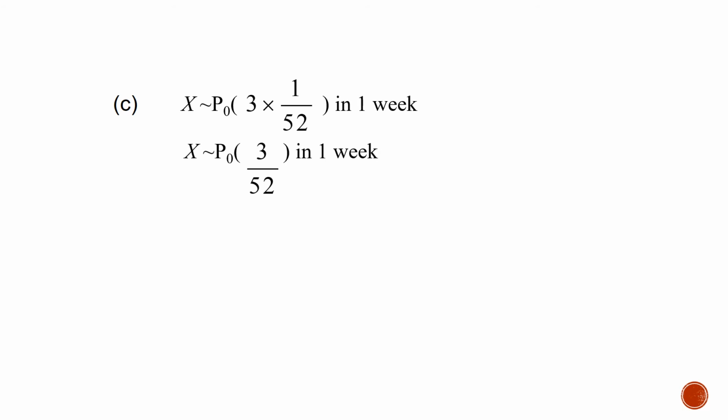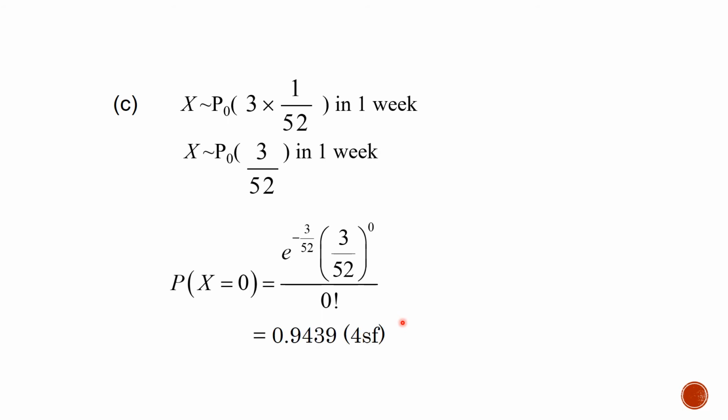So your question says that the amplifier functions well for 1 week. So when the amplifier functions well without any breakdown, your x must be 0. There is no breakdown. So substitute your x as 0. Okay. And the mean number of occurrences is 3 over 52. So you calculate, you have 0.9439 rounded off to 4 significant figures.